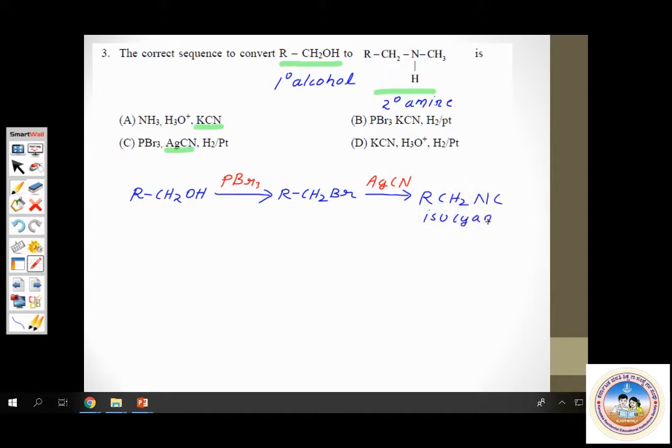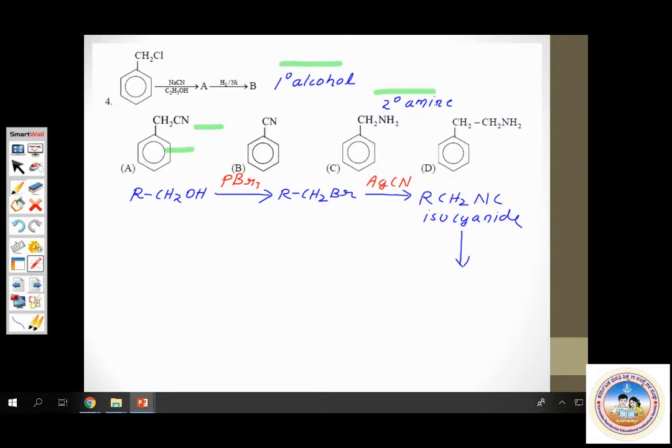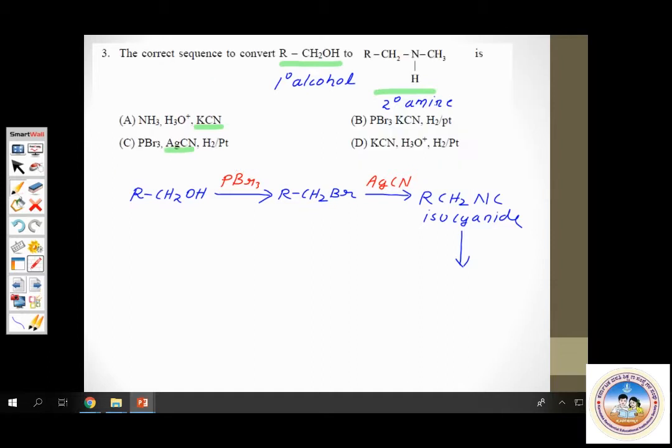Isocyanide or isonitrile. This upon reduction, if you reduce it, you get a secondary amine. What are the reducing agent combinations available? One of the best reducing agent combinations available is catalytic hydrogenation: hydrogen in presence of platinum catalyst, heat. NC gets reduced.